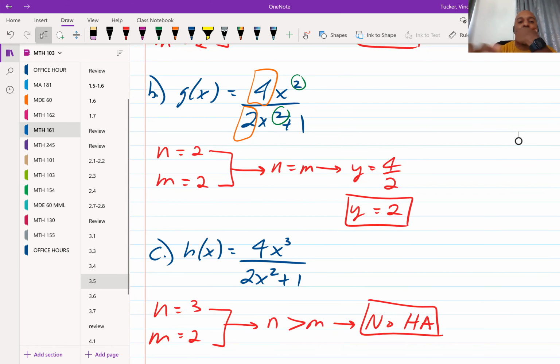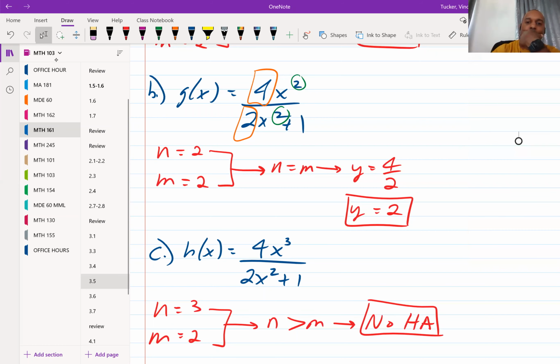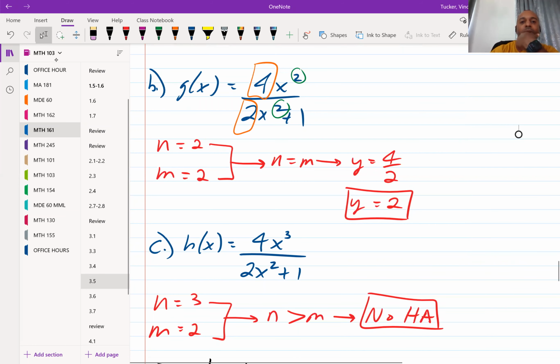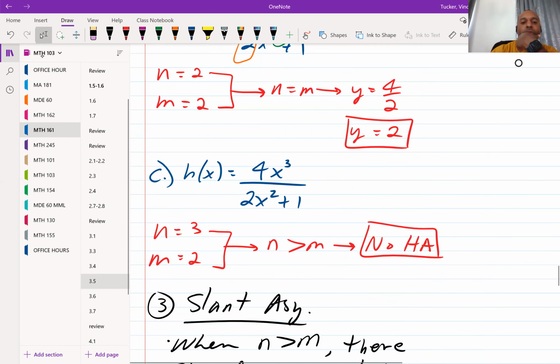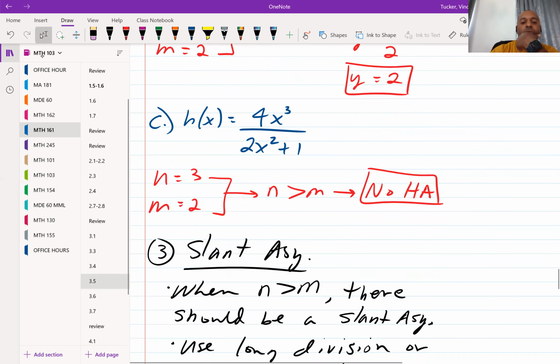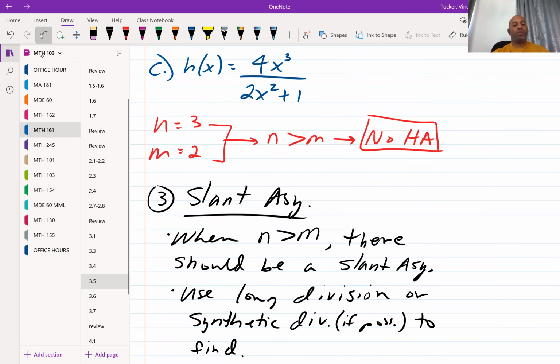Any problems? We're done with B. All right, so let's look at our third asymptote. When n is greater than m, there should be a slant asymptote.